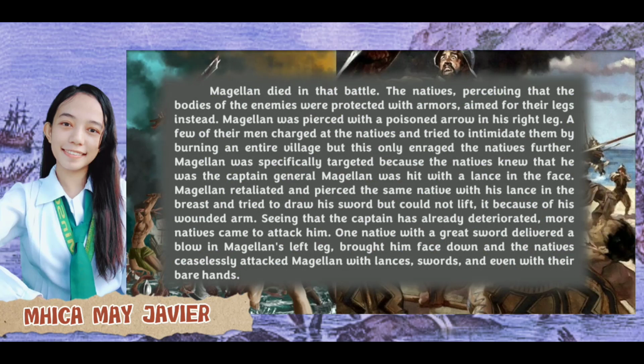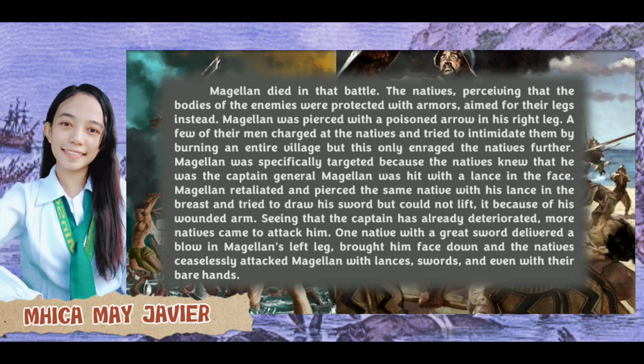The natives, perceiving that the bodies of the enemies were protected with armor, aimed for their legs instead. Magellan was pierced with a poisoned arrow in his right leg. A few of their men charged at the natives and tried to intimidate them by burning an entire village, but this only enraged the natives further.